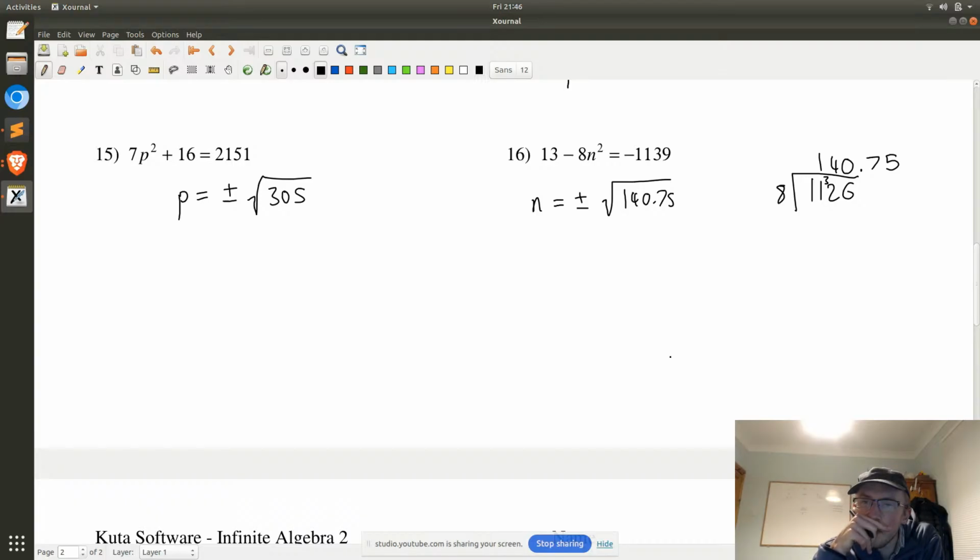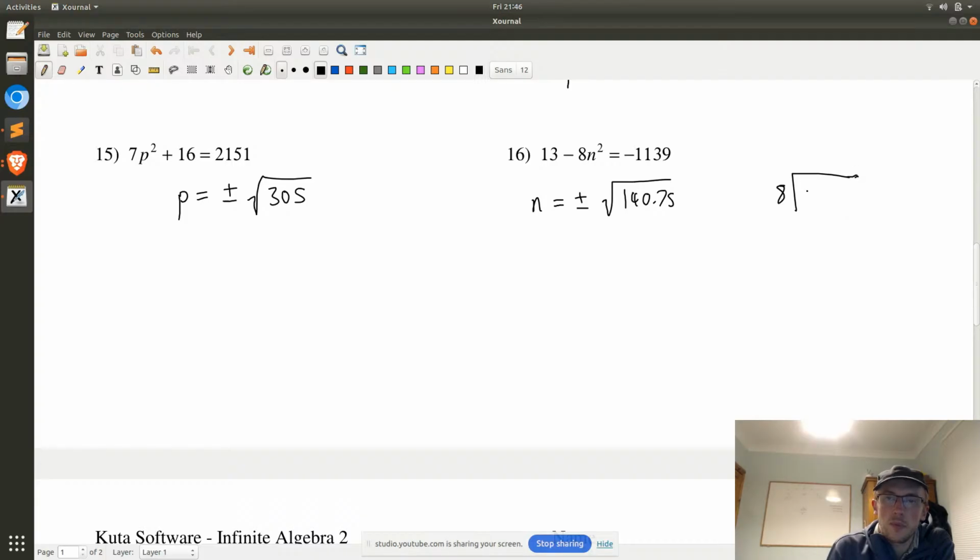Goes in once, 3 left over. Goes in 4 times. I must have not. Oh no, I'm supposed to take away 13. I see it. Fixing errors. That's what life is all about.